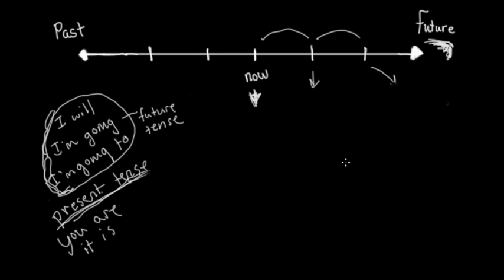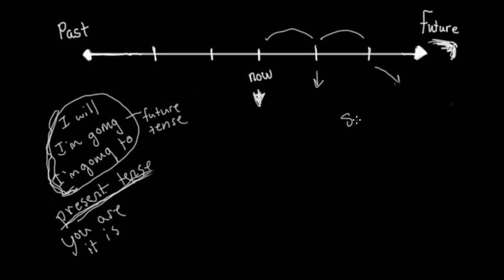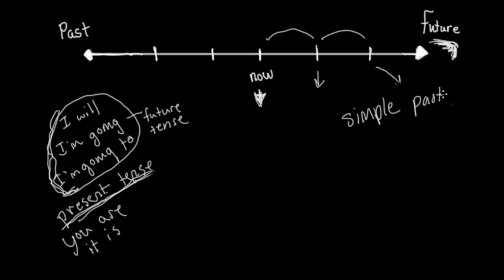All right, now let's talk about simple past. The simple past tense is this way, but usually it is a single point in the past.